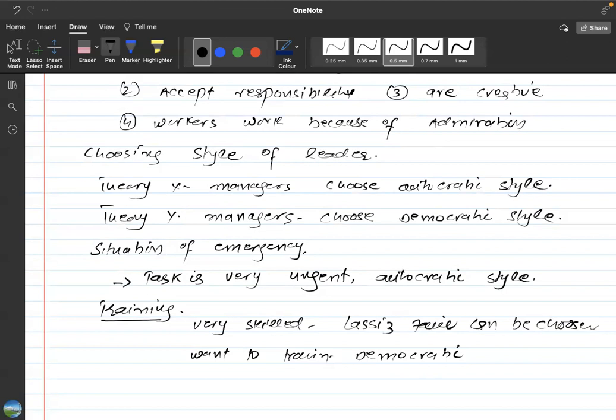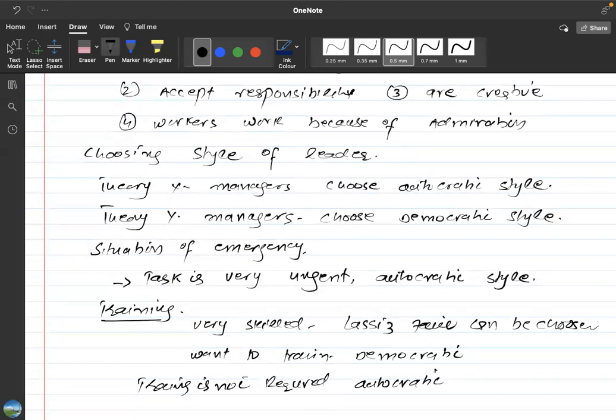And if managers do not want to train, autocratic can be chosen. So these are a few bases on the basis of which the style of leadership, the style of management, can be chosen.